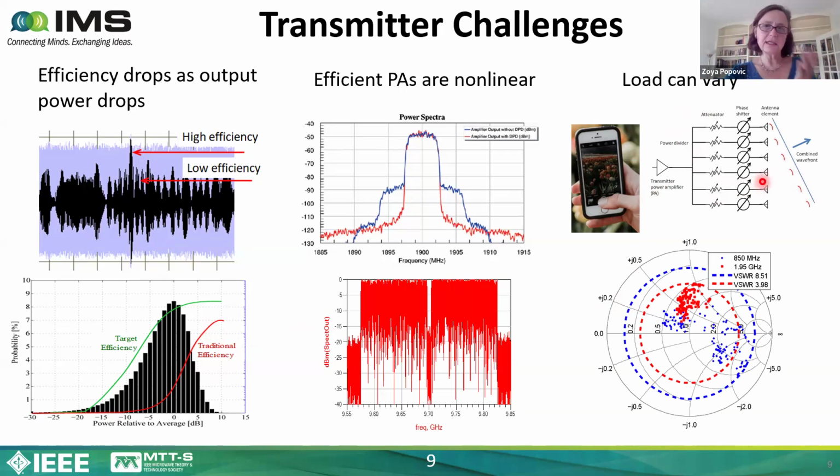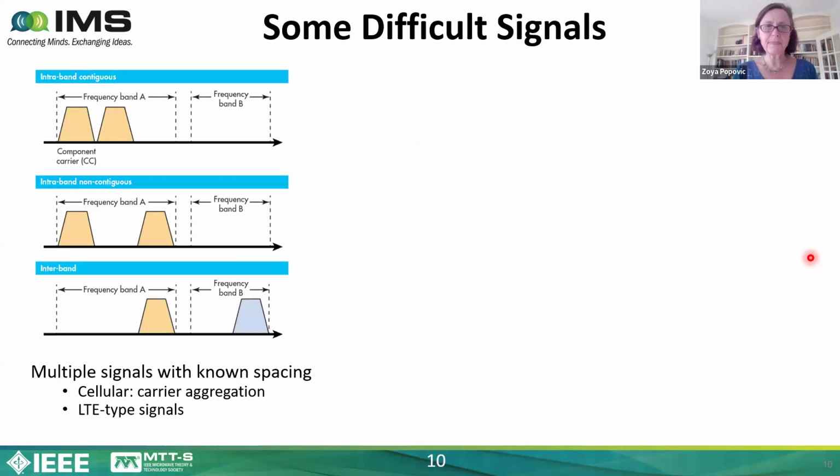When you're scanning an antenna array, the impedance presented to whatever is behind the antenna actually varies. And also if you use a cell phone and you sit on it or put it on a table, the impedance will change. And this is just some example measured data for a few cell phones. So these are the challenges of the transmitter.